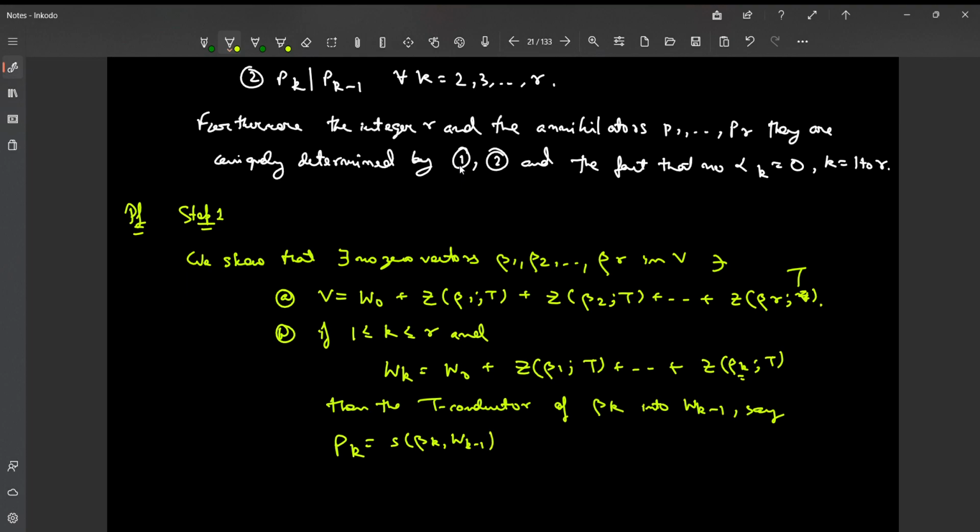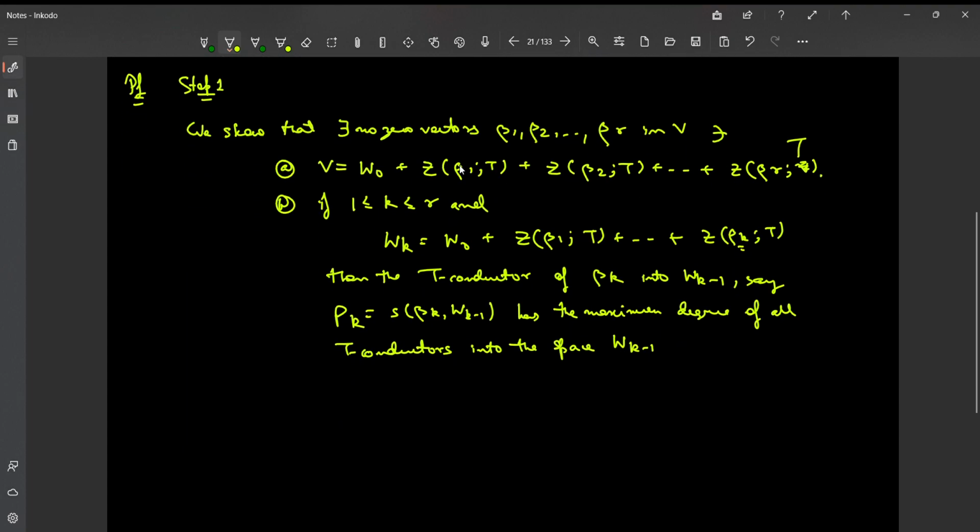has the maximum degree among all T conductors into the space Wk minus 1.